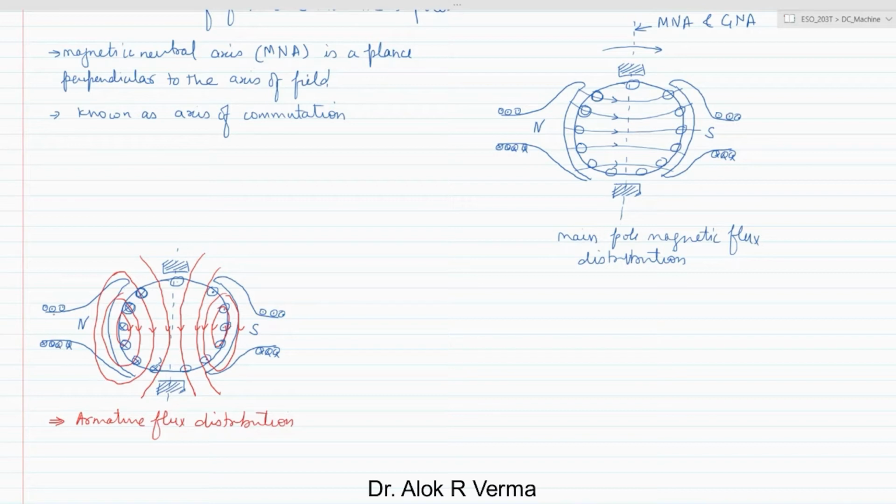In this case, the field windings are neutralized. I mean, they are not excited. So there is no field, only the currents are present in the armature conductors. Now, if you add these two values, you will see that these values will get added up on one side and get subtracted on the other side.